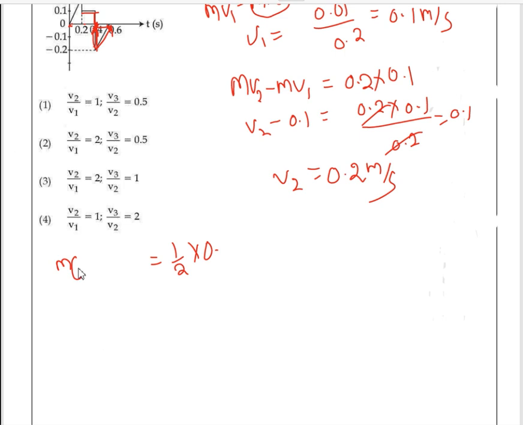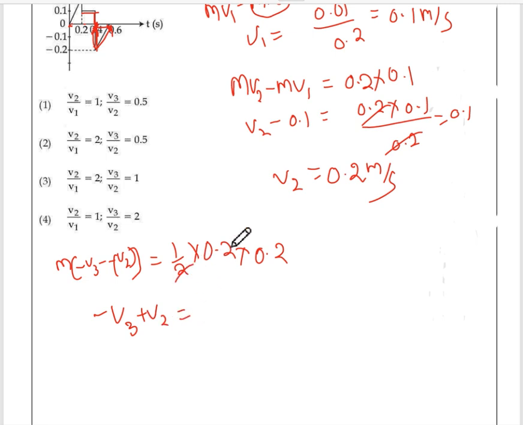So it will be m times (v3 minus v2). The area is half into 0.2 into 0.2, which is 0.02. Cancelling, we get 0.1 into 0.2 divided by 0.2, its mass, so it gets cancelled out, and it's 0.1.